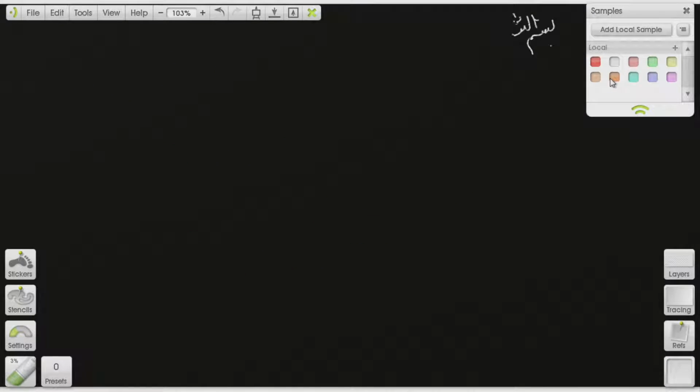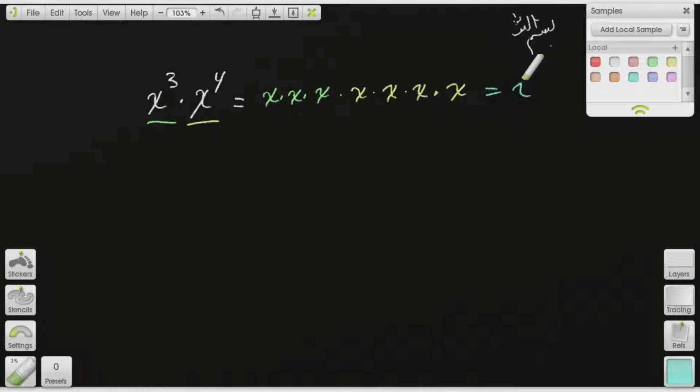And when we say x cubed times x to the 4th, for example, you can write this long way. This is x times x times x, that's that, and x times x times x times x, that's this. So altogether we have x to the 7th, don't we?